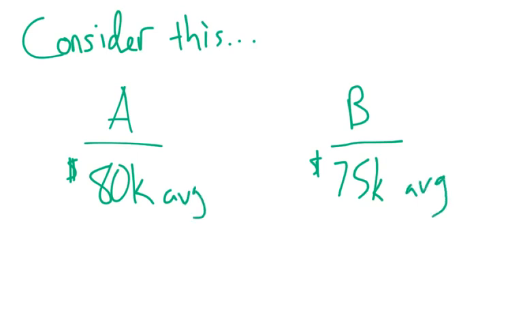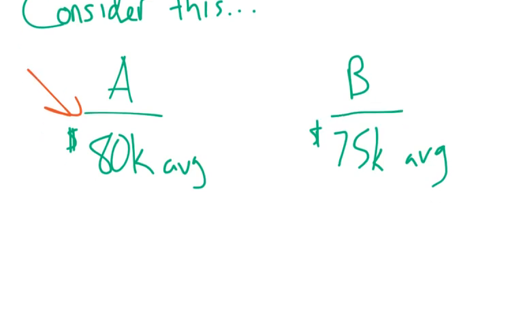Now, I ask you, which company do you want to work for? Answer is obvious. You're going to want to go for company A if you're just looking at money. You're going to make a little more money. But let's dig deeper into the details, and let's look at MAD. Let's say, and these are just hypotheticals that help me explain a point here, that at company A, there are 5 employees who have the job you're looking for. One makes $60,000.